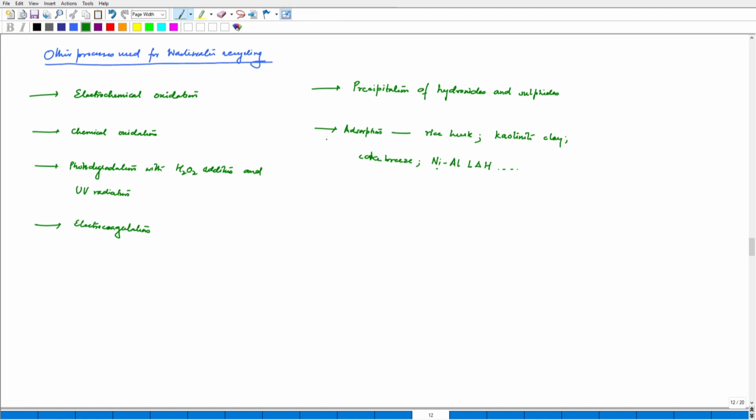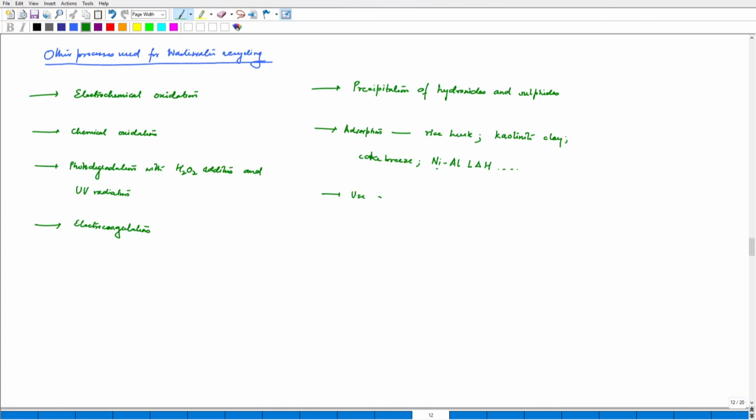So a lot of adsorption materials have been used for the adsorption reactions, wherein people have tried to use materials as adsorbents, and the heavy metal ions or the material of their choice are adsorbed, in turn leading to the wastewater recycling.